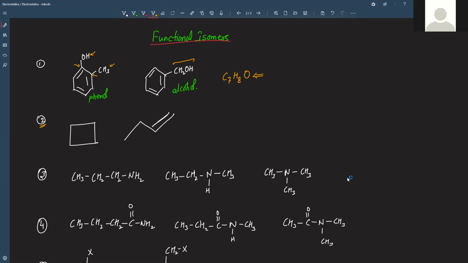Molecular formula means something like this, C7H8O. Yes, it is C4H8. Let me count the hydrogens: 1, 2, 3, 4, 5, 6, 7, 8. H8, yes.